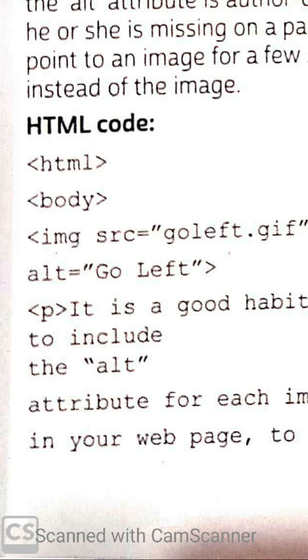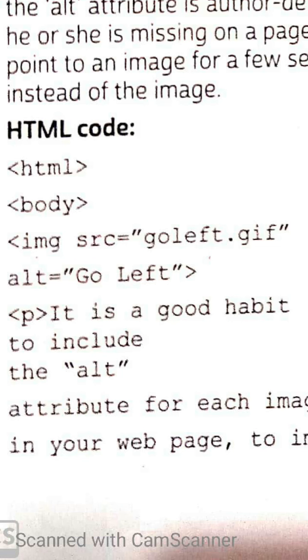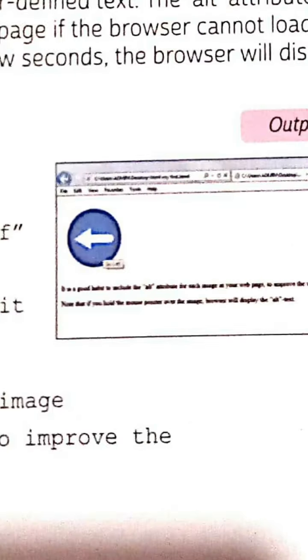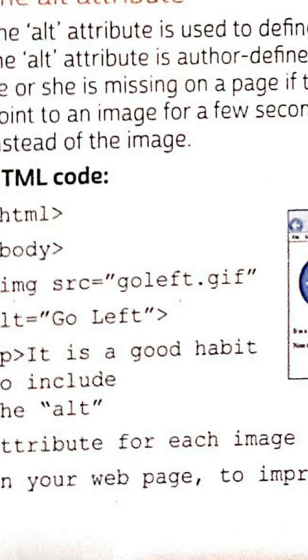HTML in angle bracket, then body, then img src means the image location. Where is it telling? The image is go left dot gif. So previously we learned that the image is in the pen drive, but now if you cannot open the image, it is representing an alternate text instead of the image, so you are writing go left dot gif.